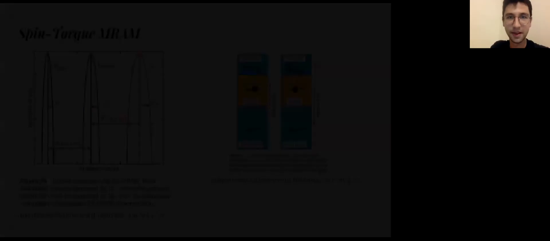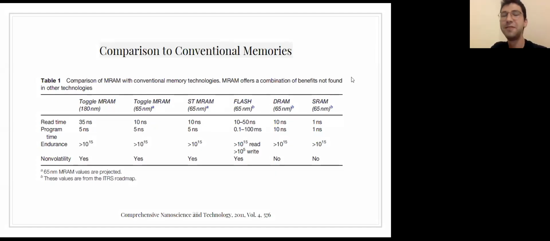Okay, and finally we have a table showing the comparison to conventional memories. Here are the toggle MRAM, spin torque MRAM, flash, DRAM, and SRAM.